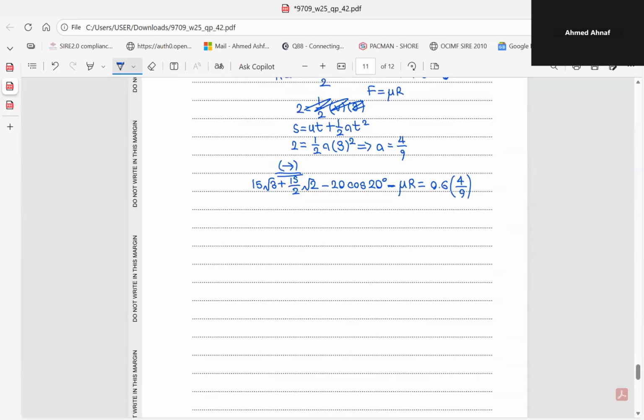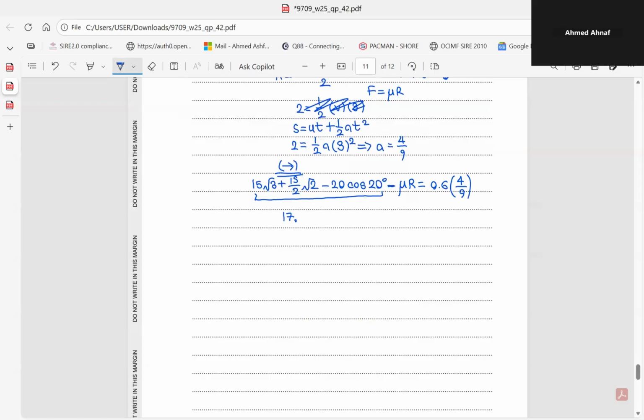Okay, I guess we can simplify this, round it off to 5 dp because it's too long.